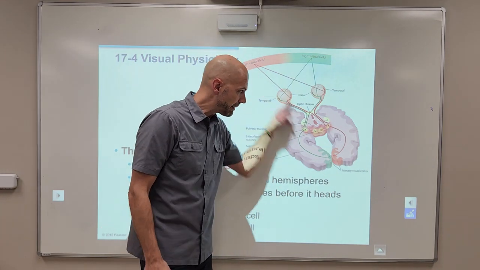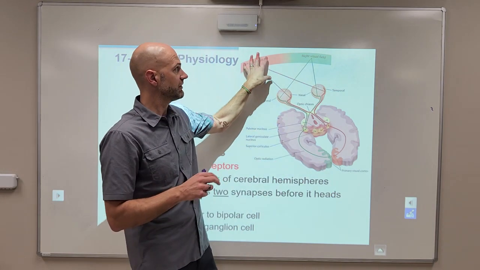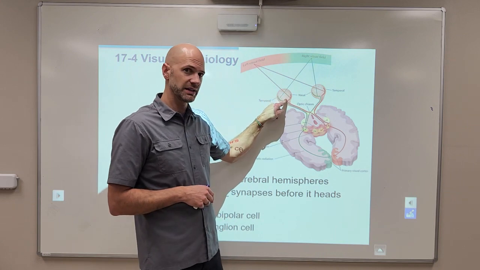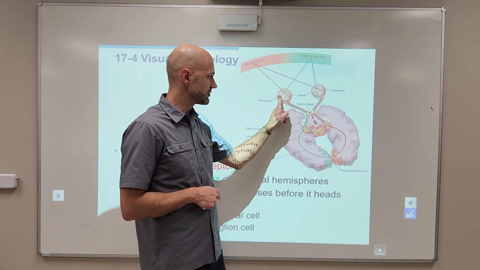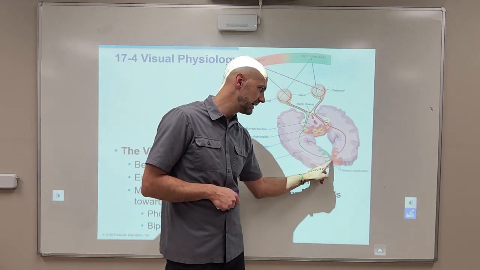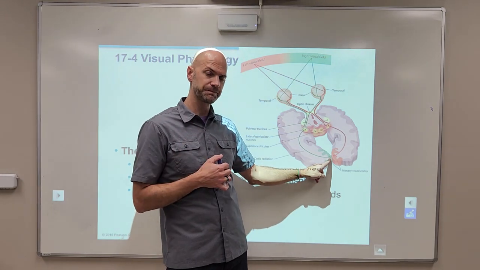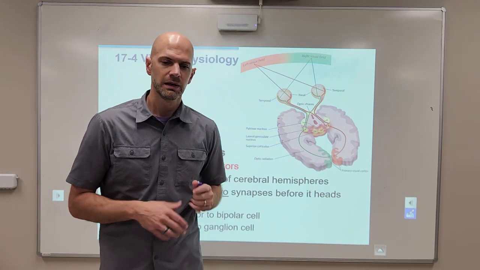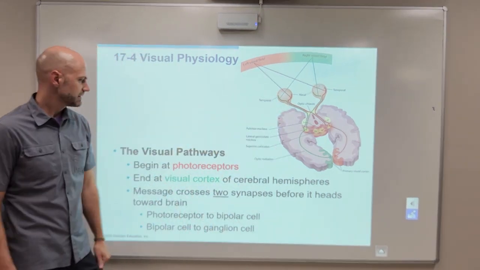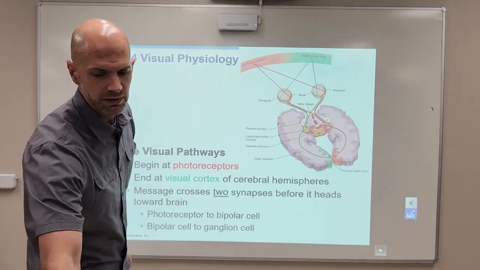So this is the pathway. What is the sequence of events that bring information about your visual field into the eye, activates the retina, converts it into action potential, travels along the neurons into the thalamus, and then finally brings it to the primary visual cortex? That's the pathway. It starts with those photoreceptors, the rods and cones that we saw, and it ends at the visual cortex, the occipital lobe.